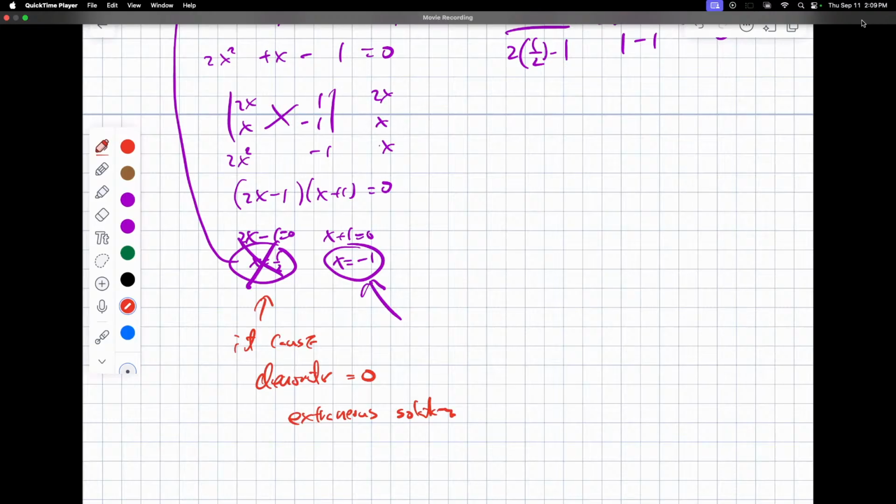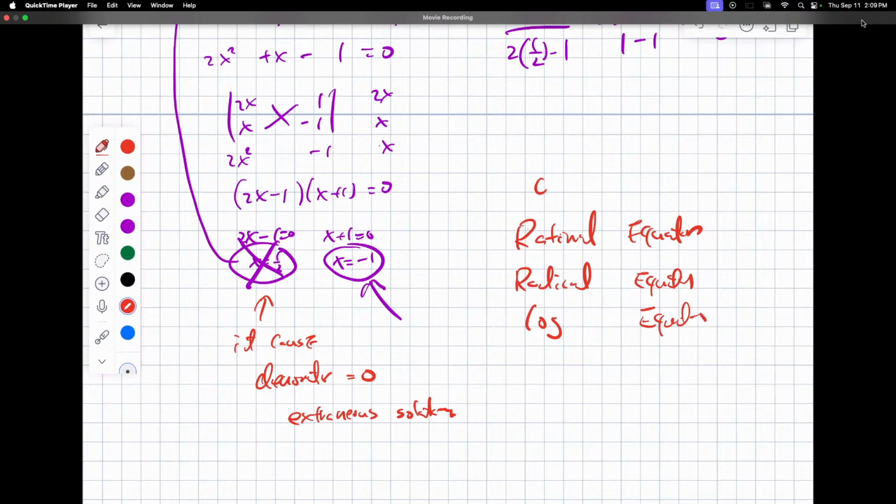There are 3 times that an extraneous solution will happen. You're going to remember: rational equation, radical equation, log equation.